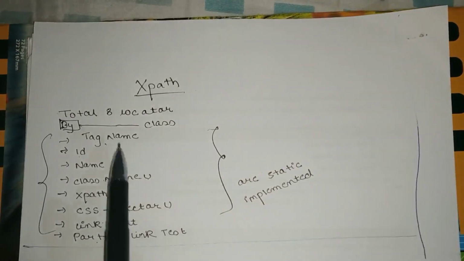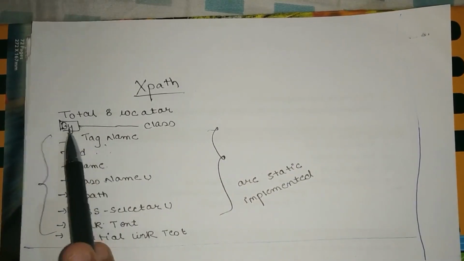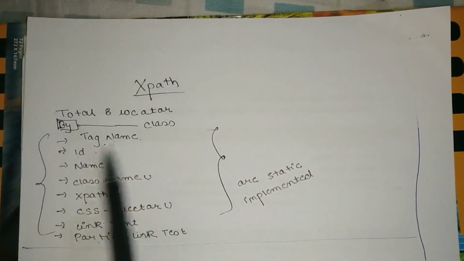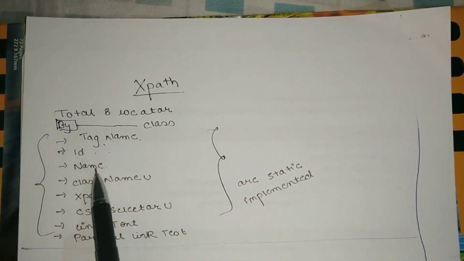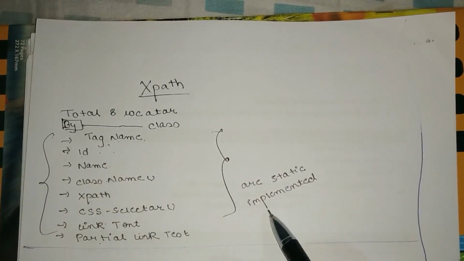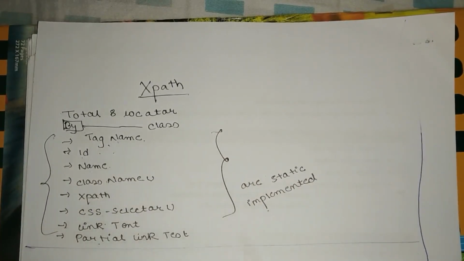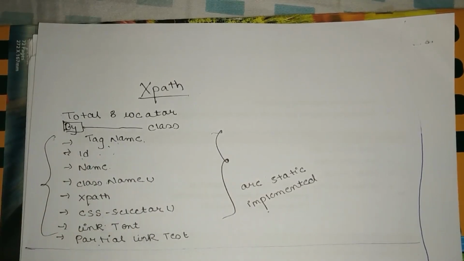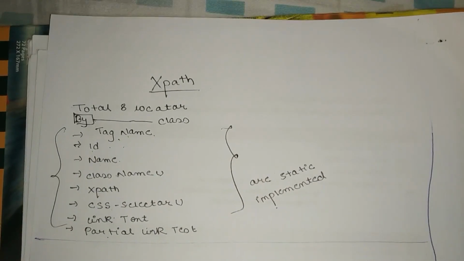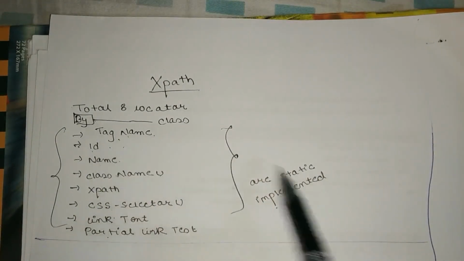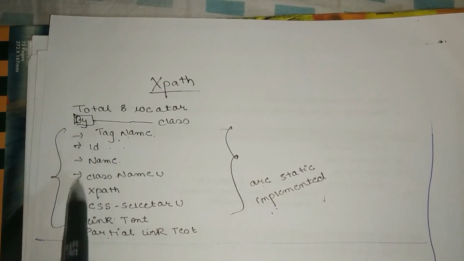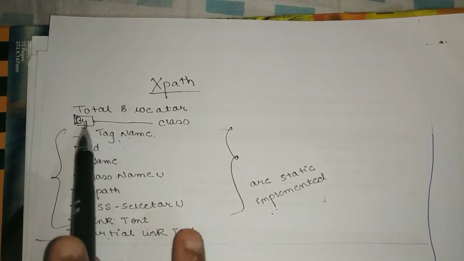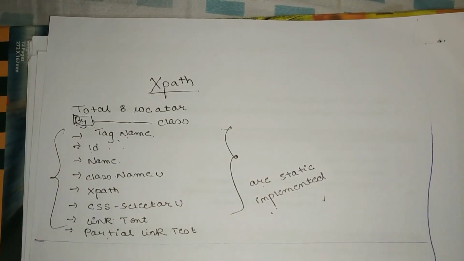That means we can access these by dot tag name, by dot id, by dot name, because all are static implemented. This is basic knowledge of Java, so no need to explain why By dot this thing, you already know. These are the locators, all are static implemented. All these locators come into this By class, okay?